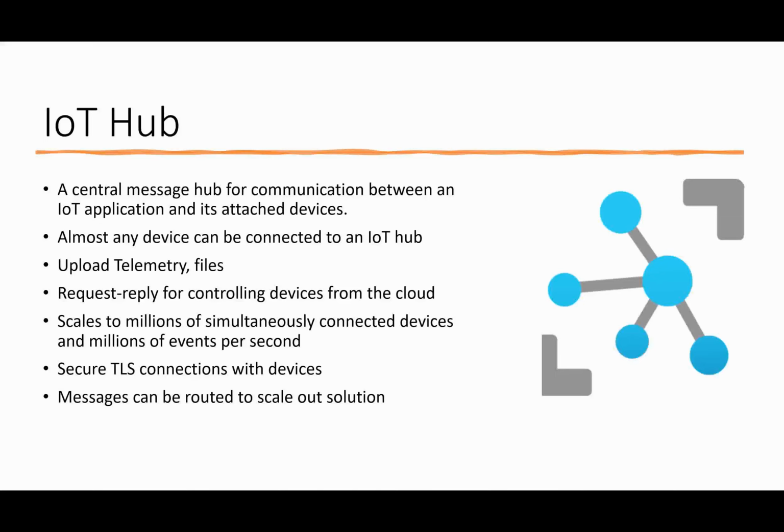It can scale to millions of simultaneous connected devices and millions of events per second. It uses secure TLS connections with those devices, and the messages can be routed to scale out the solution, so as messages are coming in, they can be sent to many different locations in case you're using components that maybe can't scale to the level that the IoT hub and the Internet of Things can.